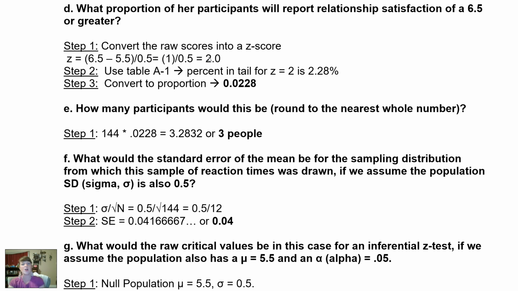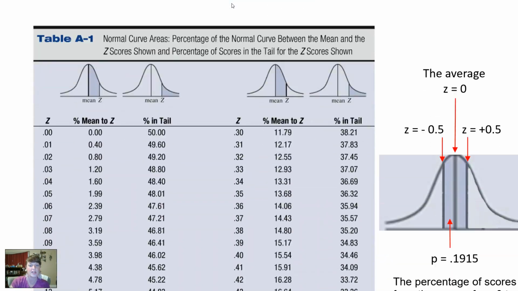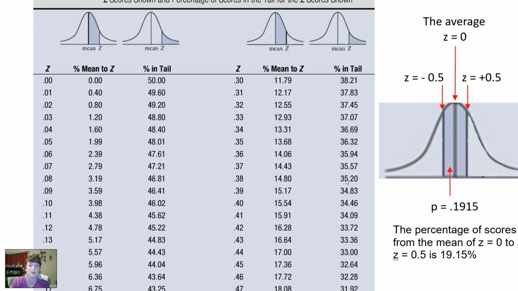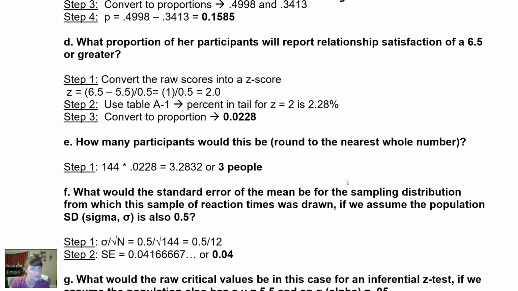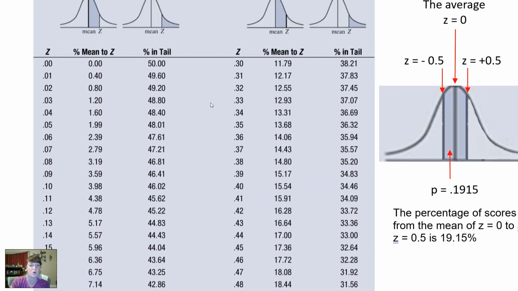Well, now, if I want to know just above this positive score, I can use that percent in tail. So I'm going to find the z-score of 2 on the table.